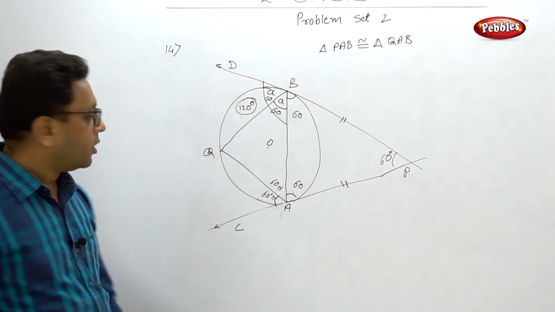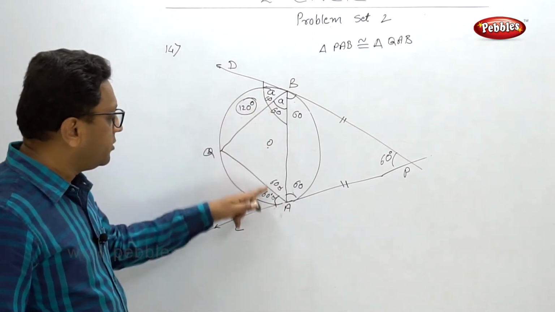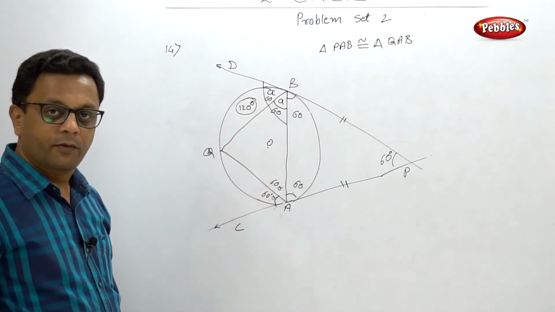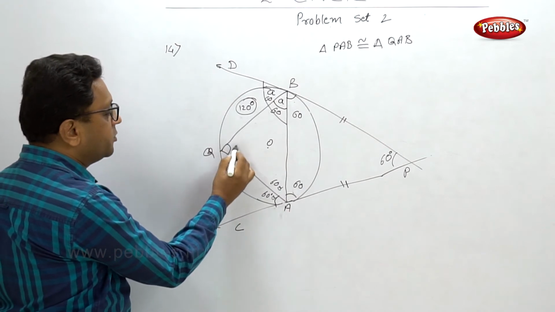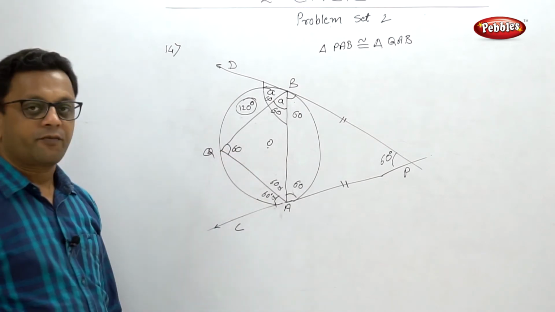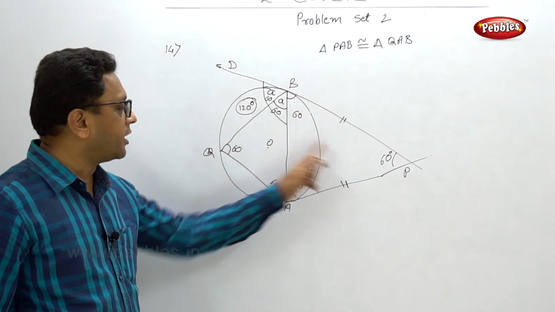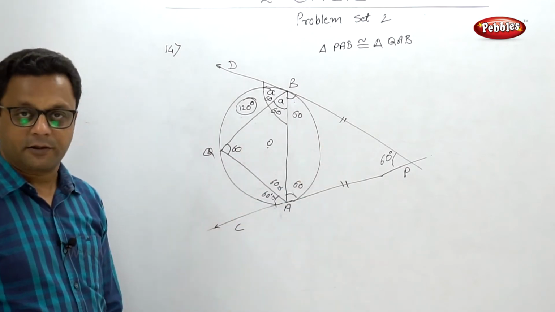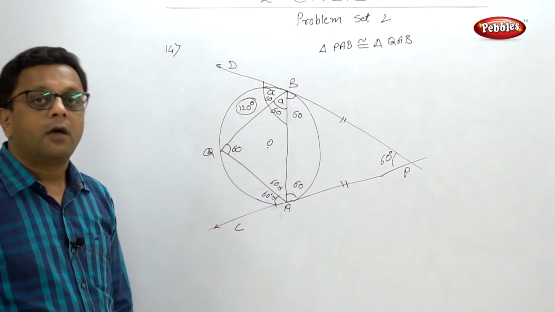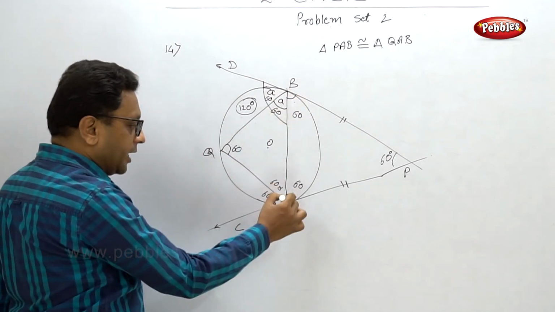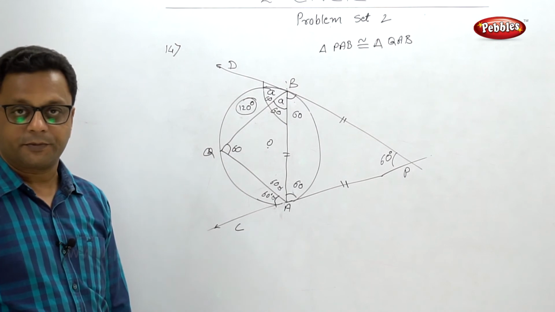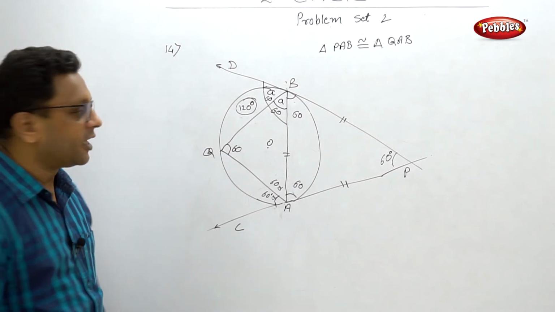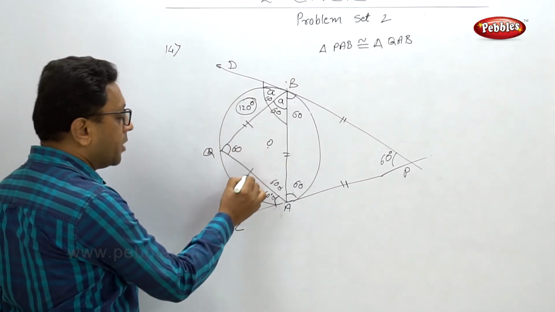Correct? Now this is also an isosceles triangle. But since base angles are 60 degrees, this becomes an equilateral triangle. So now both of these triangles are equilateral triangles. Correct? Now this side is common to both the triangles. And since they are equilateral triangles, other sides must be congruent.